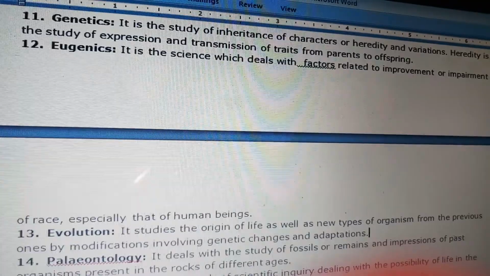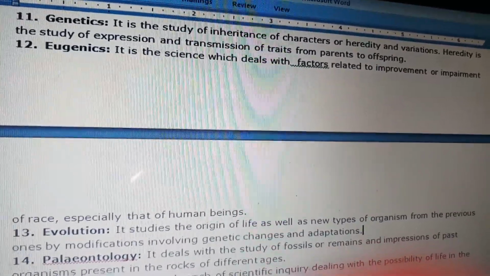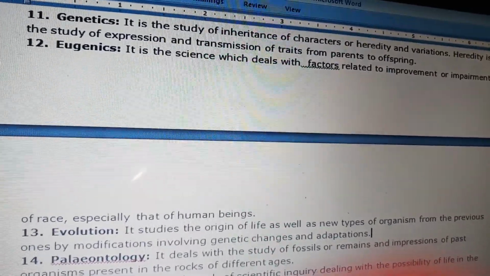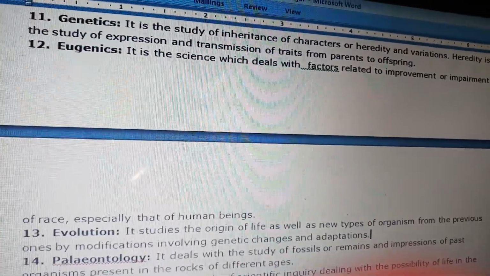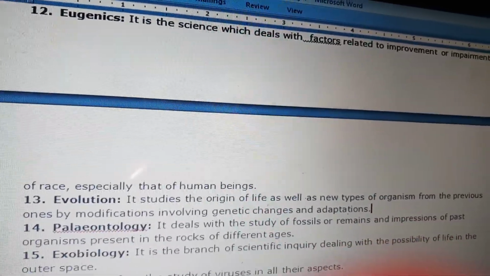So in eugenics we study how to improve the race of human beings.